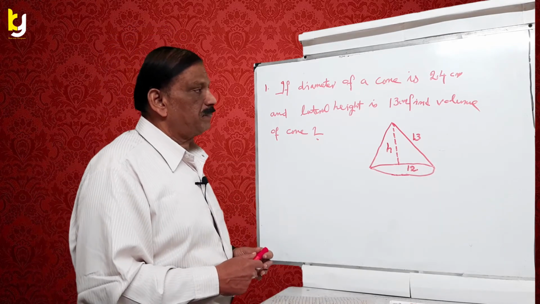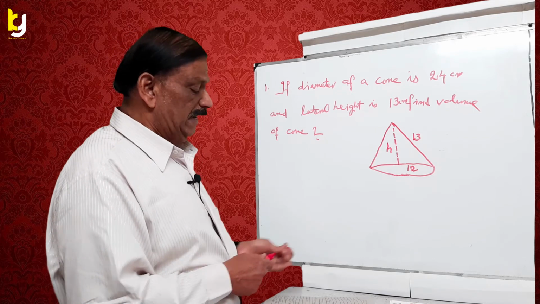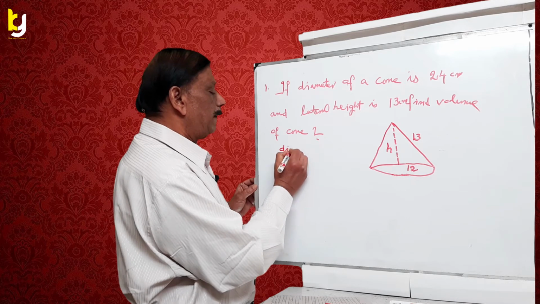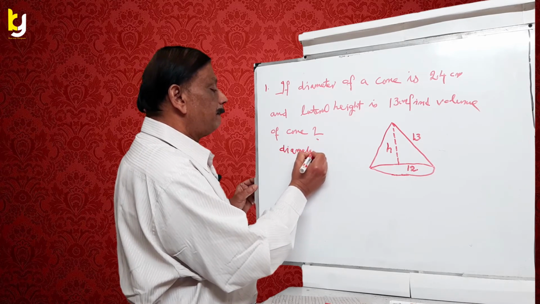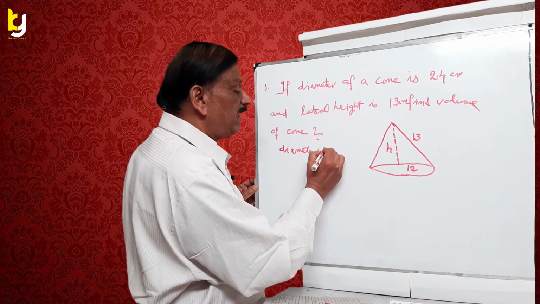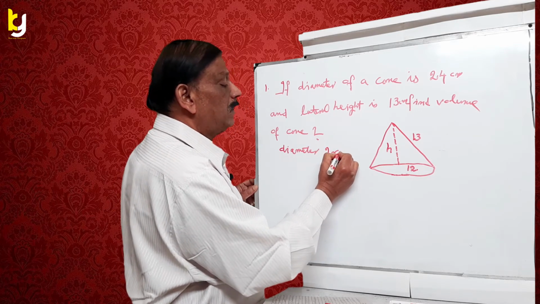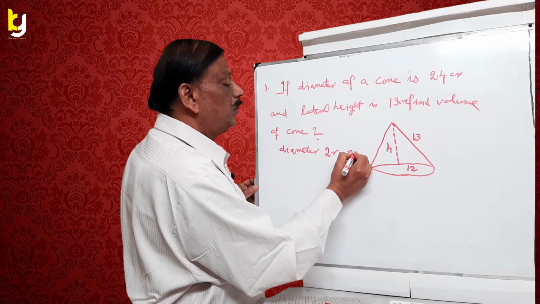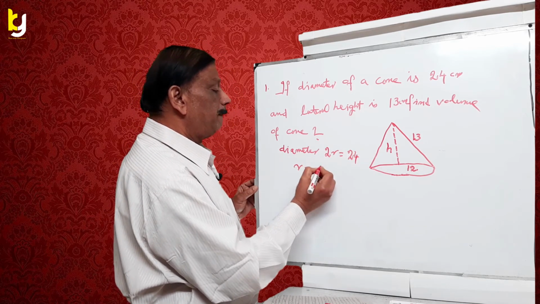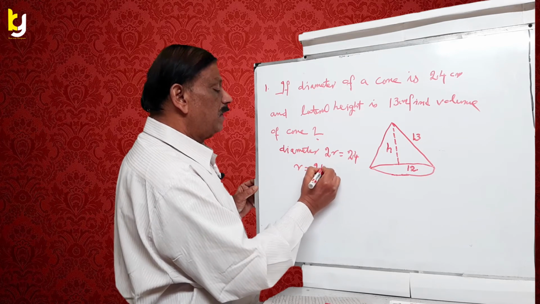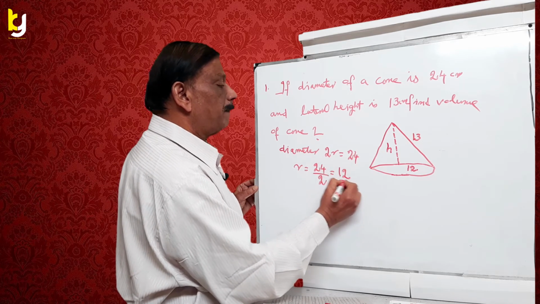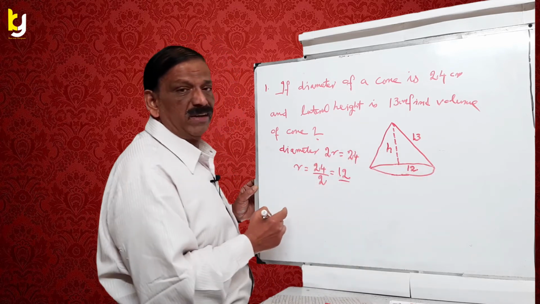Given that diameter is 24 centimeter, diameter is 2 into radius, that is 2r. 2r is equal to 24 centimeter. Therefore, radius equal 24 divided by 2. That is equal to 12 centimeter. This is the radius, 12 centimeter.